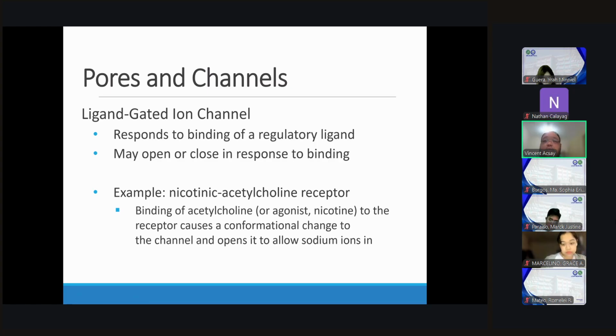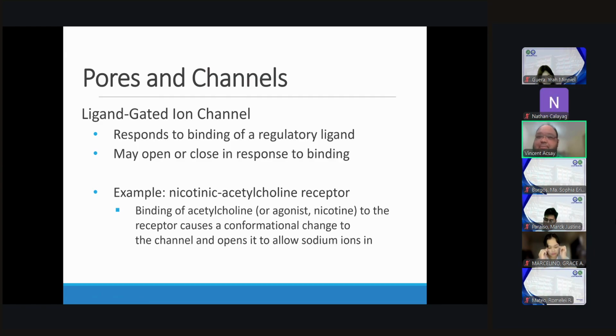Acetylcholine is the ligand, and the ion channel contains a receptor that has high affinity to acetylcholine or its agonist nicotine. Once nicotine or acetylcholine binds to the receptor side, the channel changes its conformation to open, and because it now opens, it allows sodium ions in.